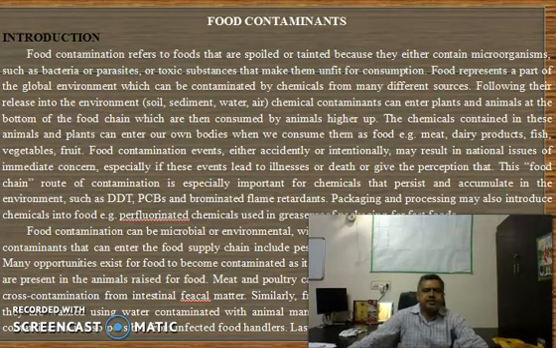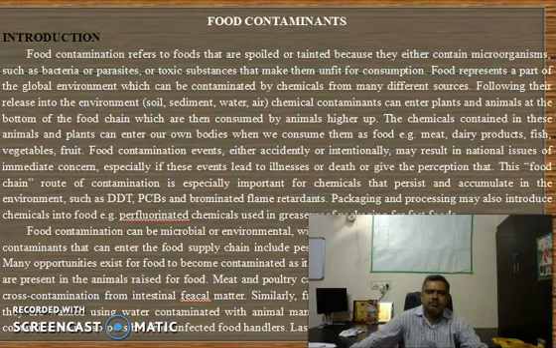Food represents a part of the global environment which can be contaminated by chemicals from many different sources following their release to the environment, for example soil, sediments, water, air.